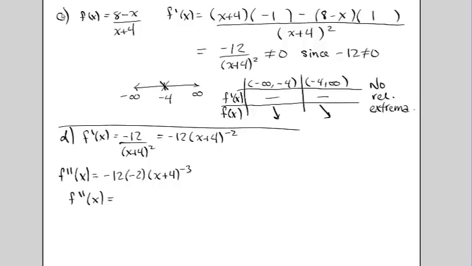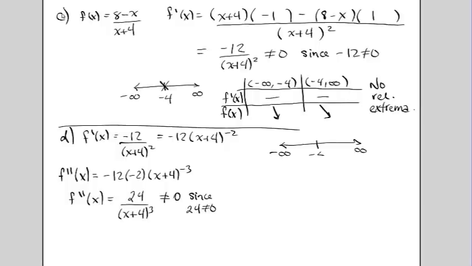I'll rewrite this. This can never equal 0 since 24 doesn't equal 0. Again, there are no critical points.